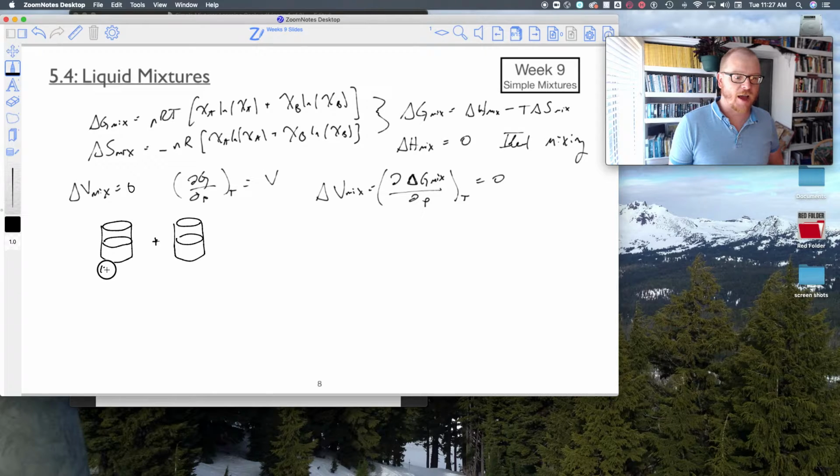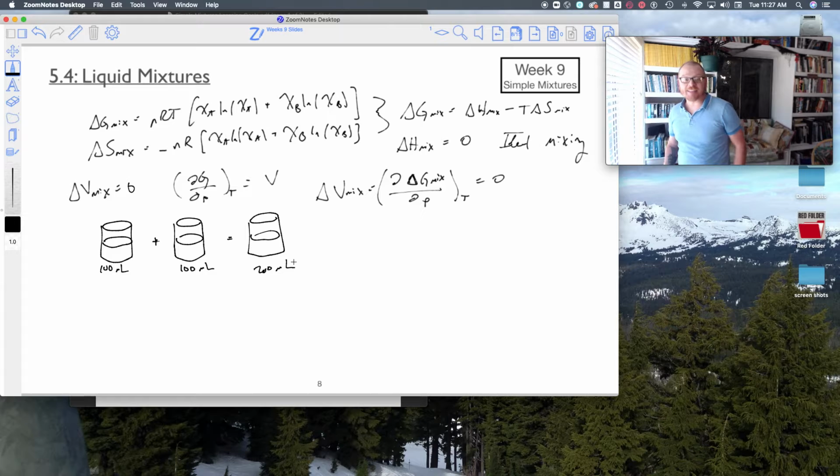And let's suppose I've got 100 milliliters here and 100 milliliters here. Well, 4 years of a chemistry degree should tell you that it makes 200 milliliters. And if that's the case, then it is ideal. So what this delta V is really in reference to, is it any different than this, right?